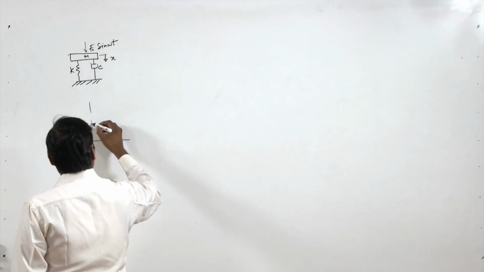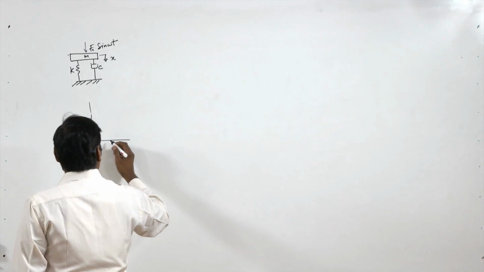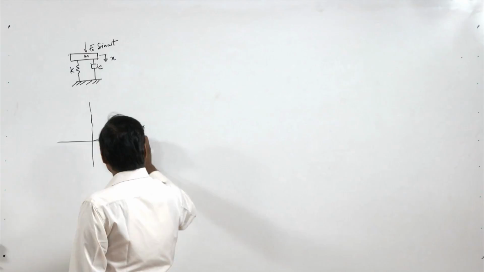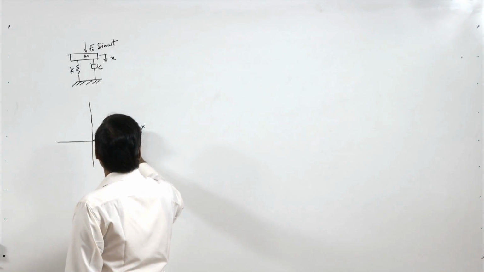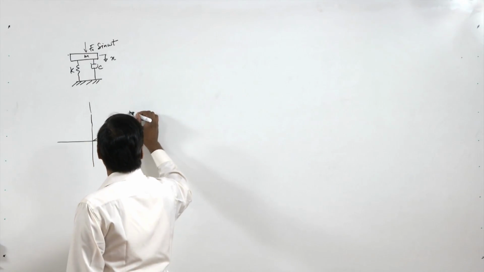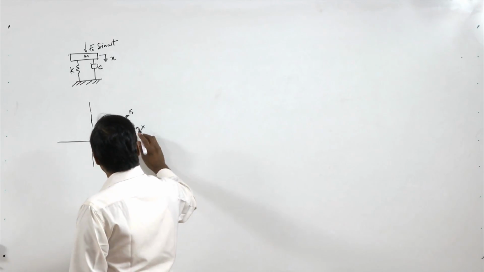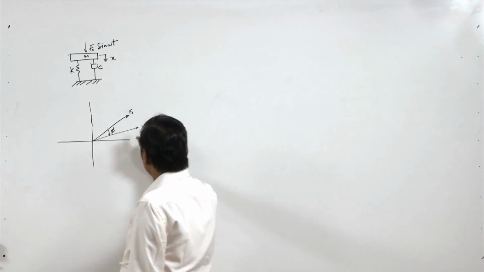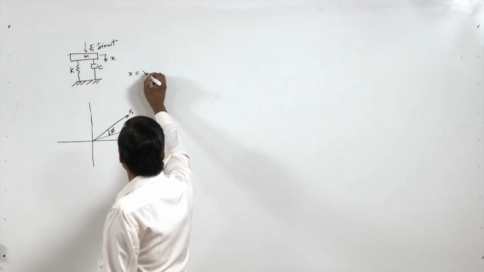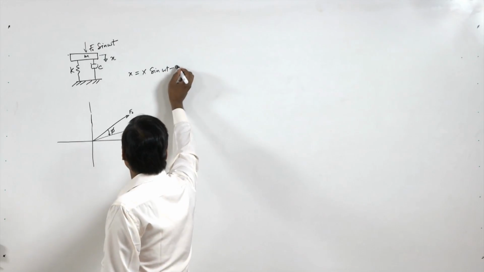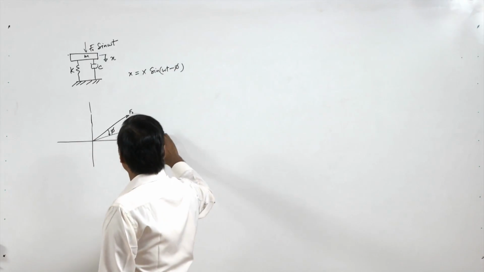So this is the direction of x and this is F0, and this was the angle phi. So x lags; in fact x was X sine omega t minus phi, so there was a phase lag.